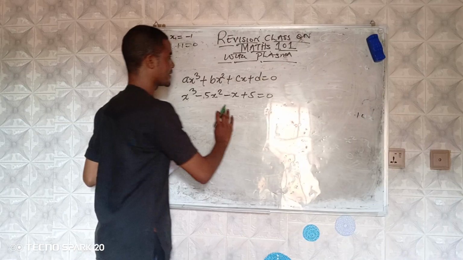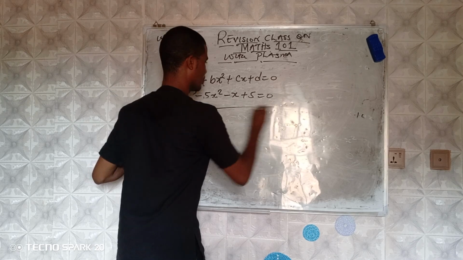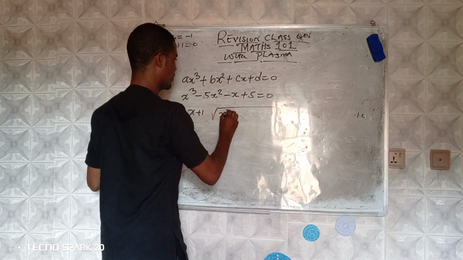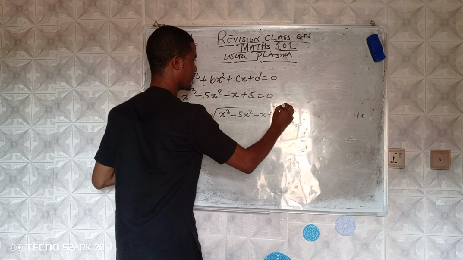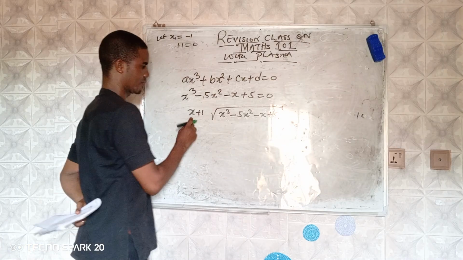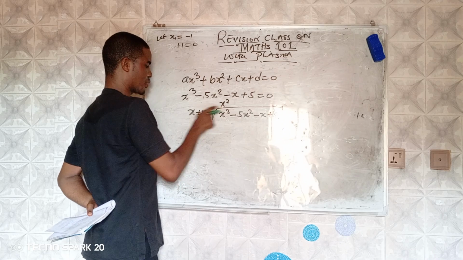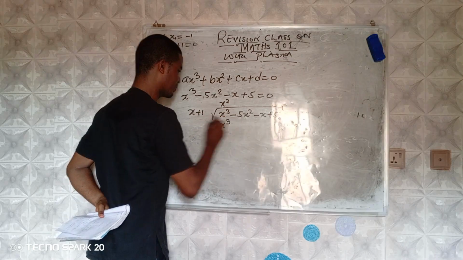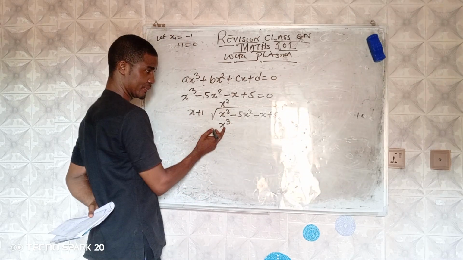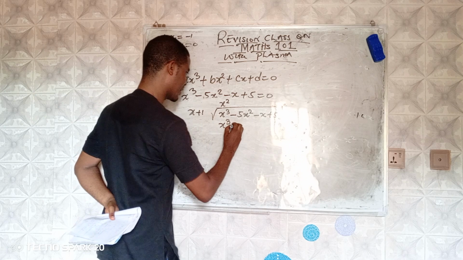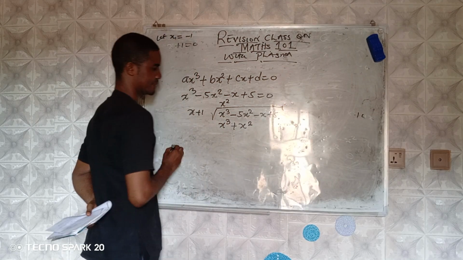Okay, so let's divide this now. We have x plus 1. We now divide the whole of this, x cubed minus 5x squared minus x plus 5. At this point, x cubed divided by x will give me x squared. x squared times x will give me x cubed. x squared times 1 will give me plus x squared.